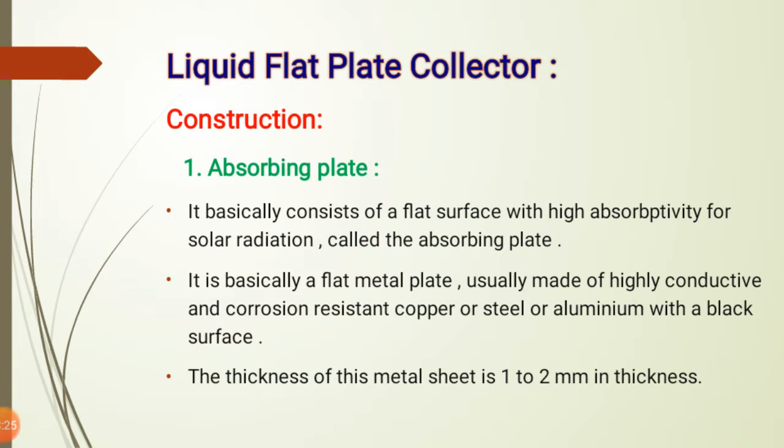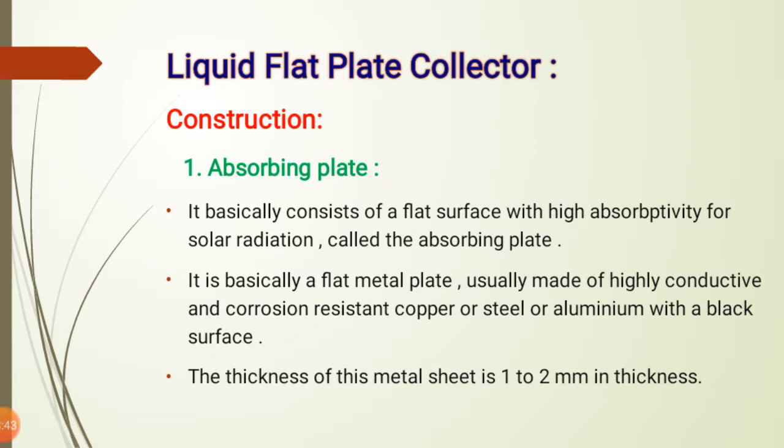Different environmental parameters affect the collector, directly the absorbing plate. So the material used for the absorbing plate is corrosion resistant, and this material is copper, steel or aluminum.